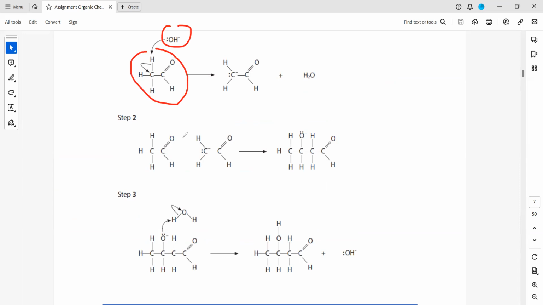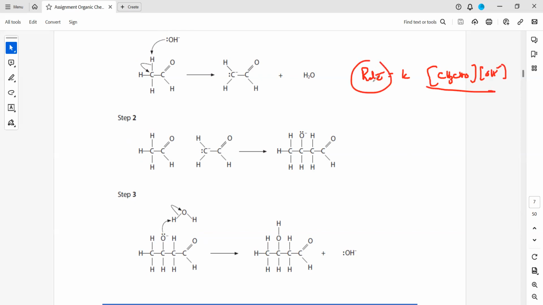If step 2 was a rate determining step, then only aldehyde should be included. If step 3 was a rate determining step, then this should be included. But because in a rate equation, as they give us, rate is equal to K times the concentration of aldehyde, ethanal, and the concentration of OH, both reactants are involved in the rate equation. That's why step 1 is a rate determining step.